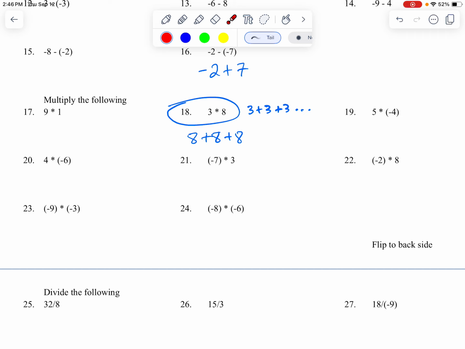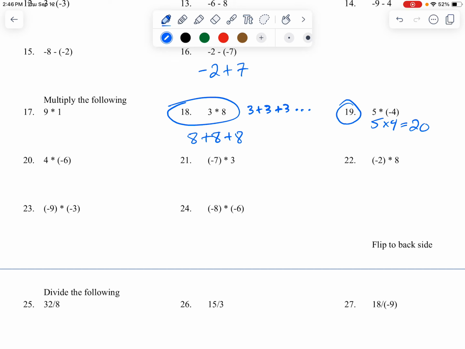And you can think of the numbers and the signs separately if you want. You just need to remember if there's a single negative sign, your answer is always going to end up negative. And then if there's two negatives being multiplied together, your answer is always going to be positive. So for example, if we look back to number 19, 5 times 4 is 20.